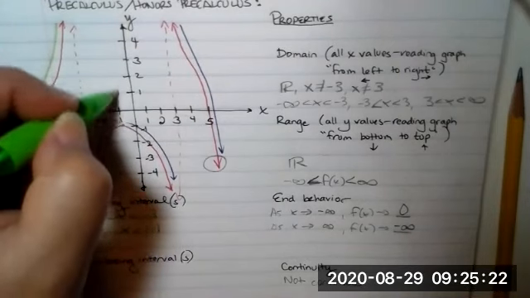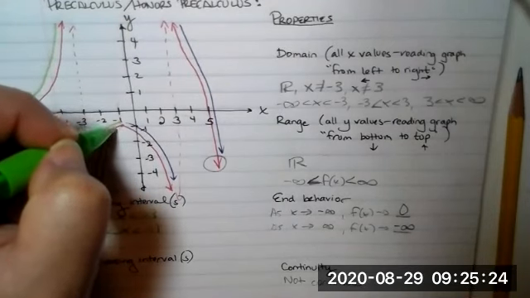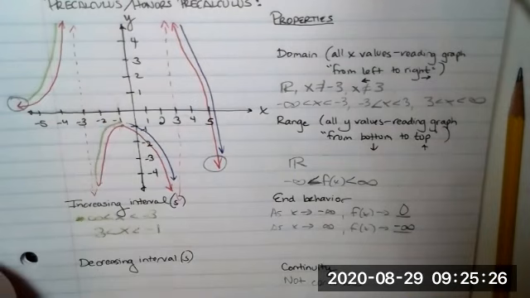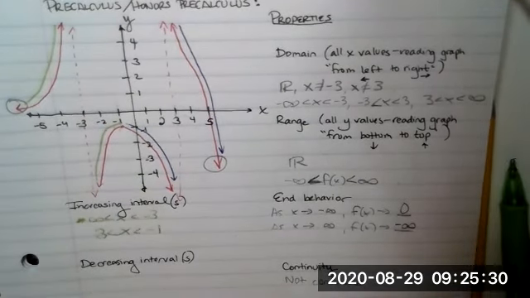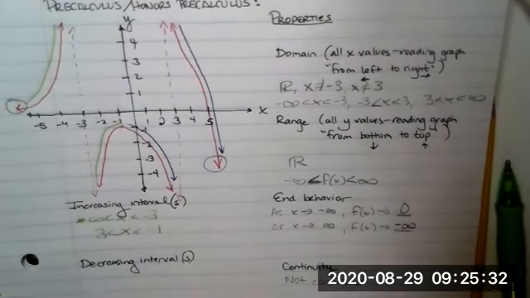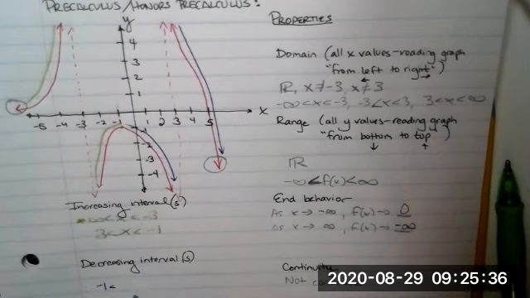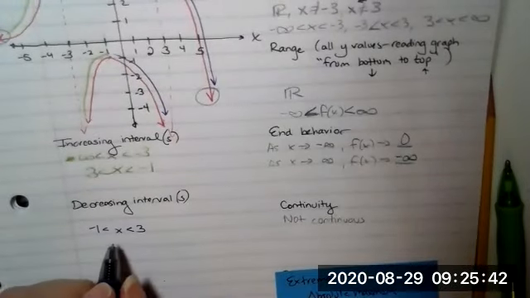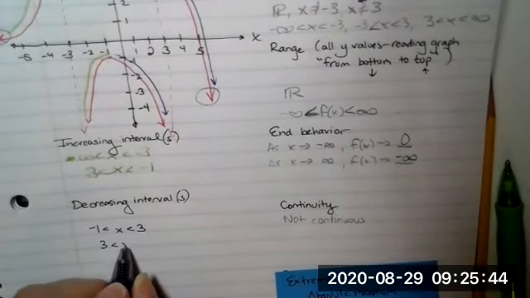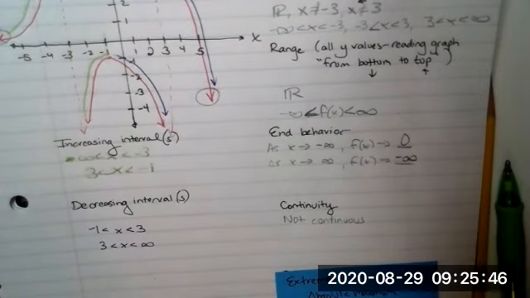So -1 is where the graph changes directions. Now we'll take a look at our decreasing intervals. Our decreasing intervals are going from -1 to 3, and 3 to infinity.